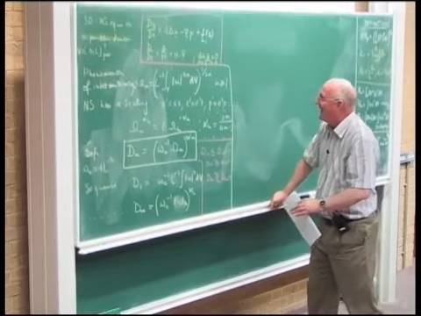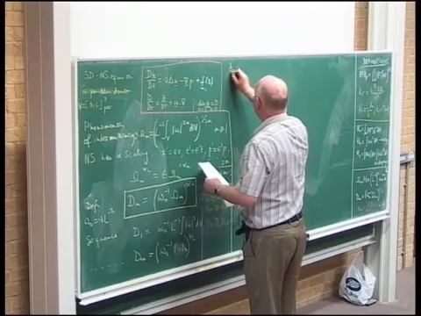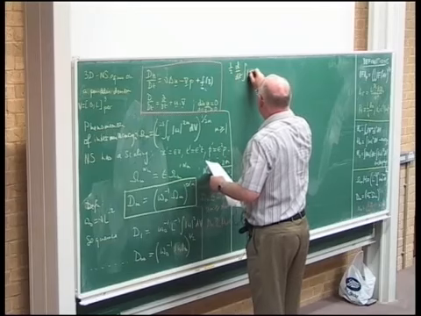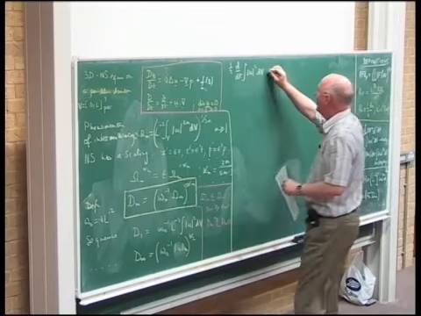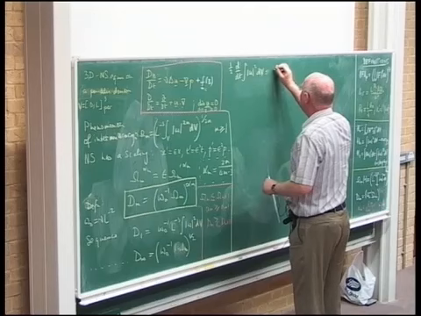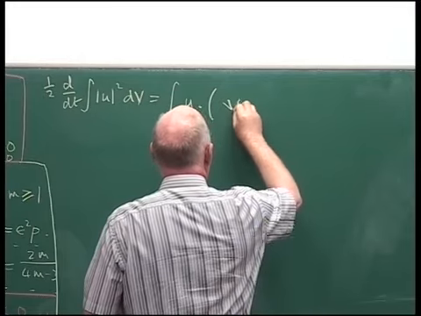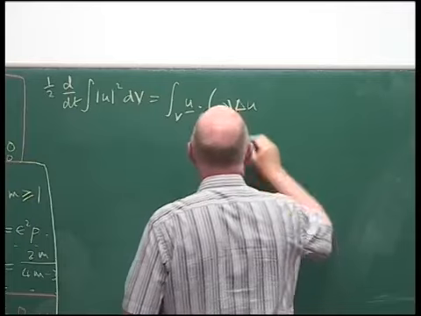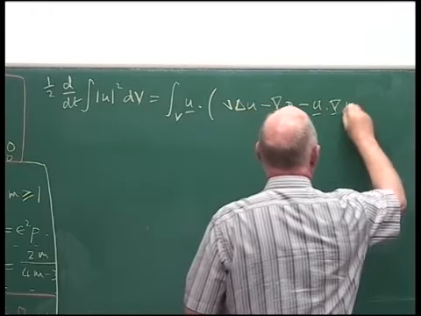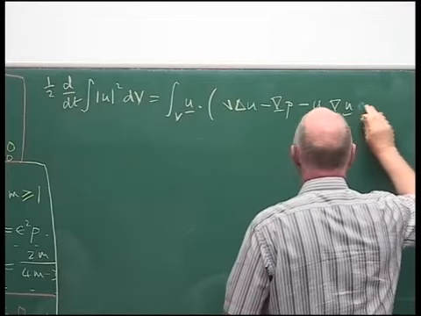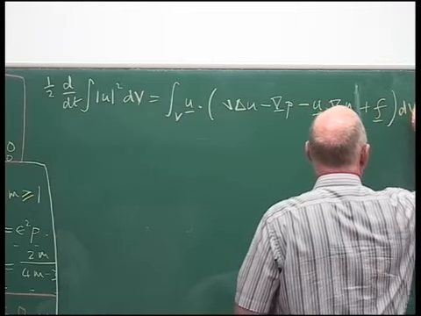Okay. So let's do something simple. This is sort of what everybody does. Let's differentiate the energy, like so. And, okay, so what do we get? We get the integral of u dot Laplacian u minus grad p minus u dot grad u plus, well, we'll put the f in, plus f dv.